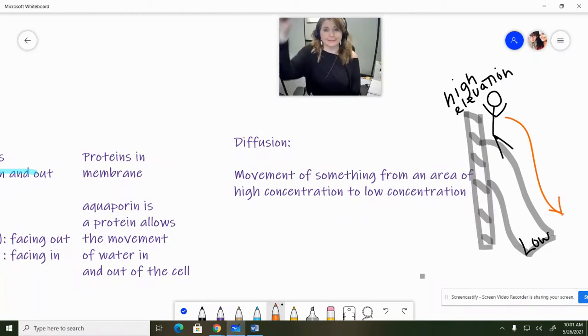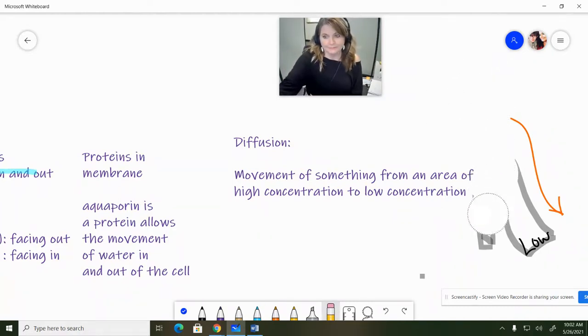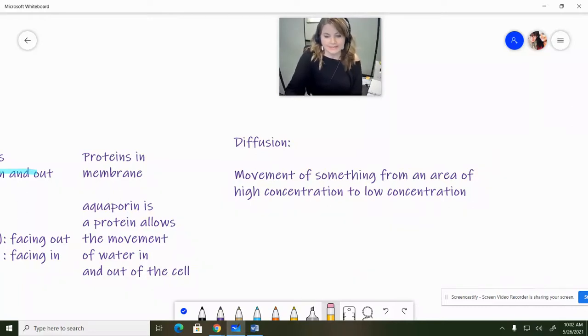You're never just going to slide right back up the other way. In order to go from high elevation to low elevation, you're losing energy. You have a high amount of potential energy at the top of the slide and a low amount of potential energy at the bottom of the slide, right? So you're always moving with the elevation gradient, we call it. Well, that's elevation, which we're not really talking about here. We're talking about concentration, but it kind of works the same way.